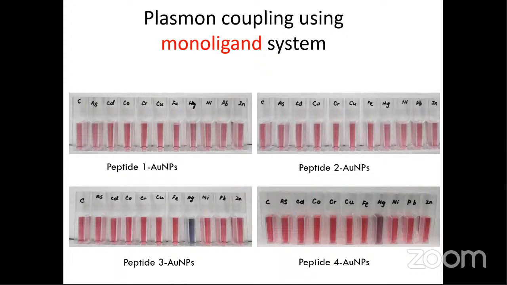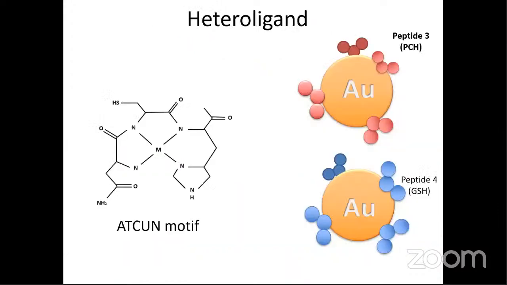So after this, we will combine the ligands of peptide 3 and also peptide 4. We will put them onto different nanoparticles, and we will combine them, and this is called a heteroligand system.